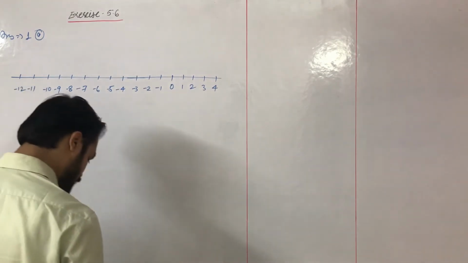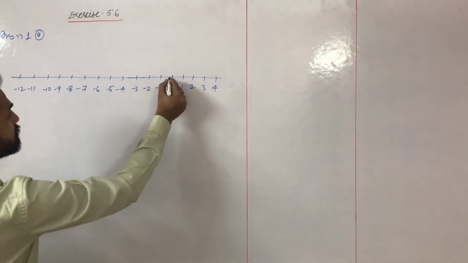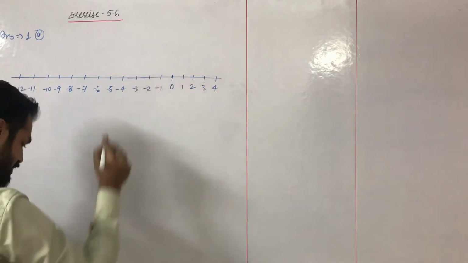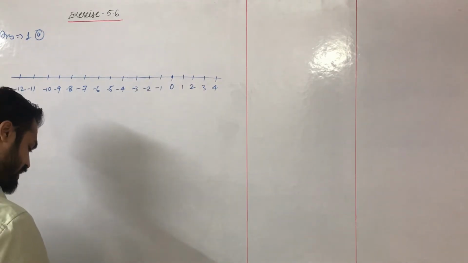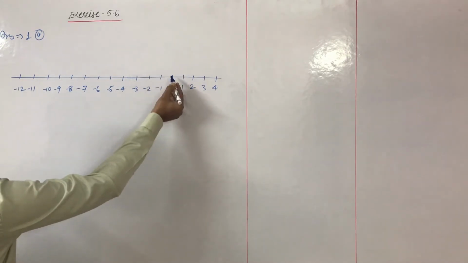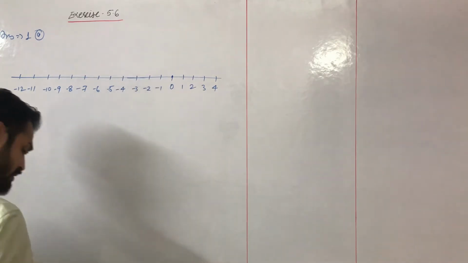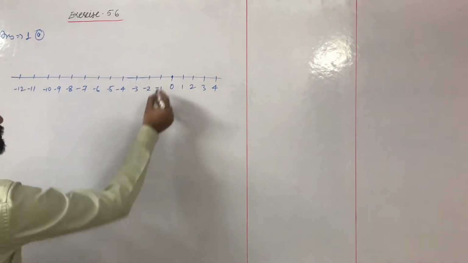The problem statement is it starts at the origin, so we have to start from this point at origin, then it makes 4 moves, each of 2 units to the left. To the left means in this direction, in the negative direction. 4 moves, each of 2 units.